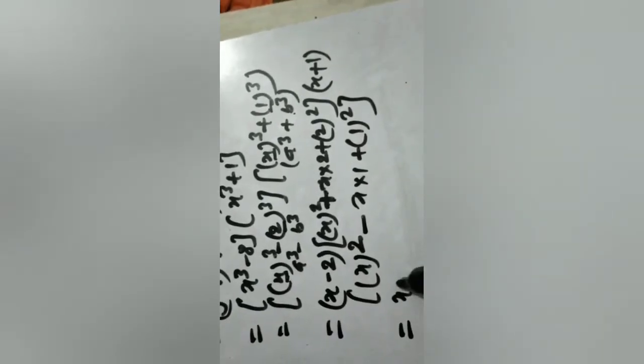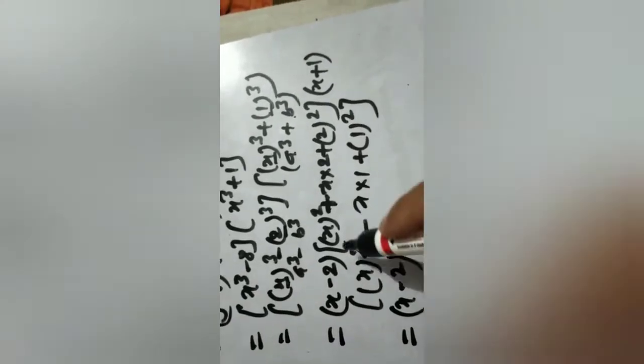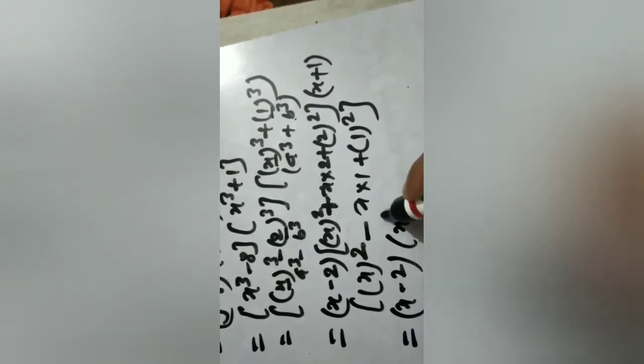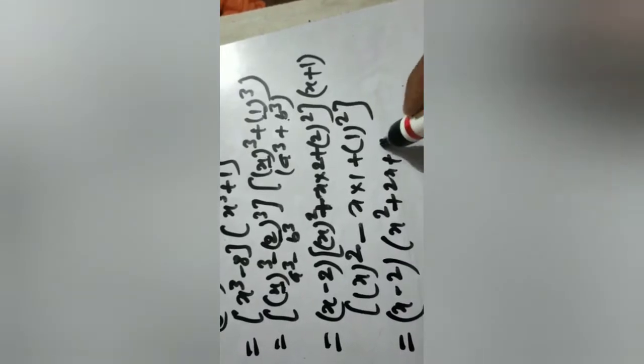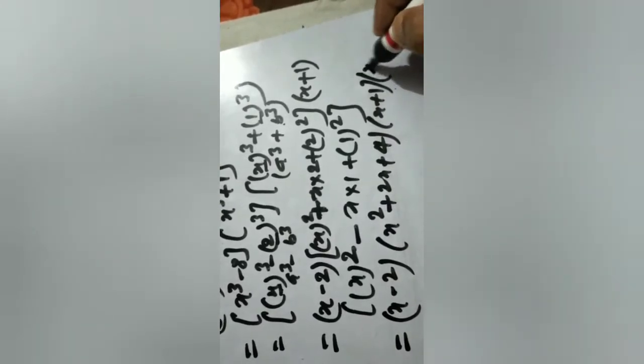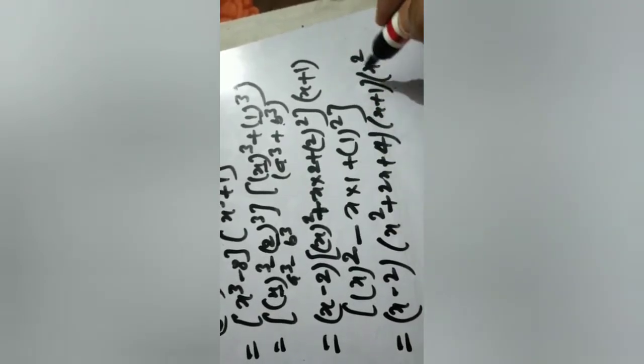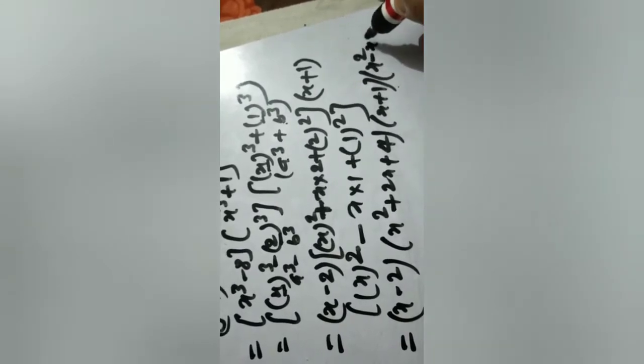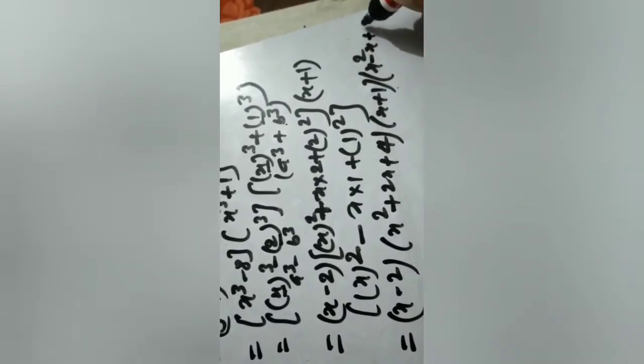Now it will be x minus 2, and this will become x squared, 2 multiplied by x will be 2x, and 2 squared will be 4, and then x plus 1, then x squared minus x multiplied by 1 will be minus x, and 1 squared will be 1.